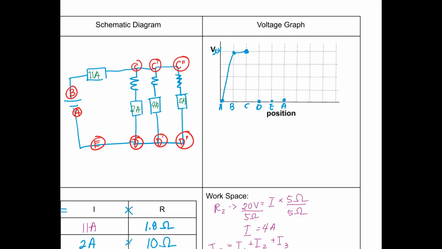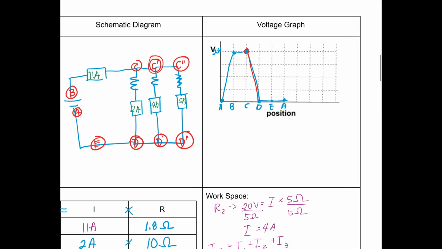So we're going to have this. Okay. Let's see. So C prime I'm going to do in red. C prime is also at 20, and then it goes down to 0. Oh, no, it doesn't. Sorry.